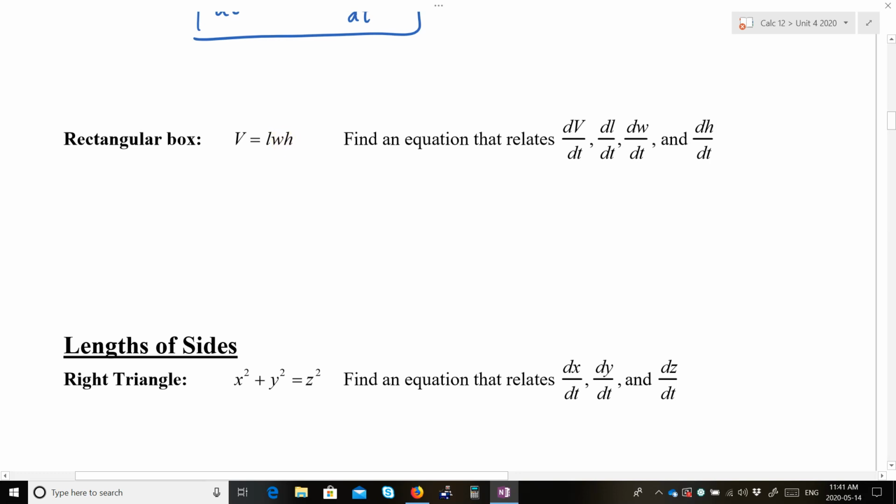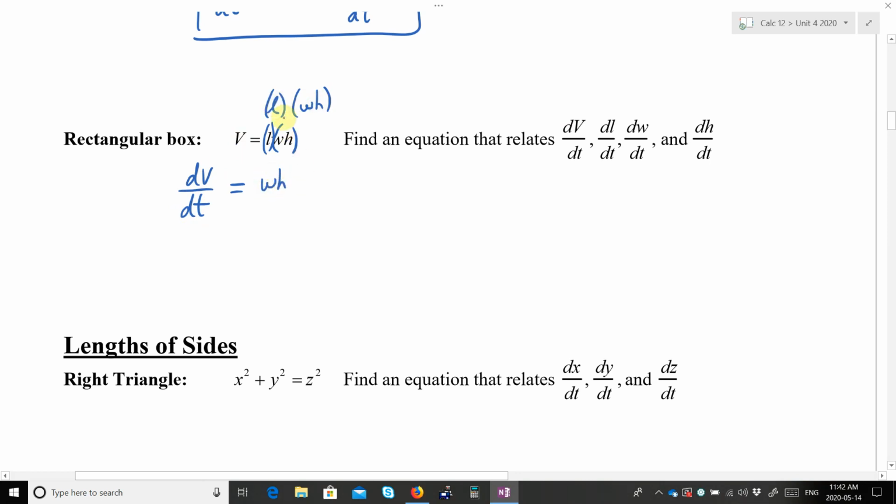What you have to do first is treat this right-hand side as the product of two things, perhaps L times WH. So you treat it as two things first, and then if we differentiate both sides with respect to time, the derivative of V is 1, and then dV/dt. We do the derivative of the L and keep the WH normal.